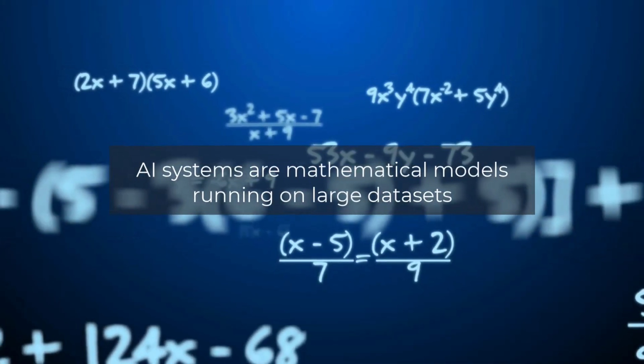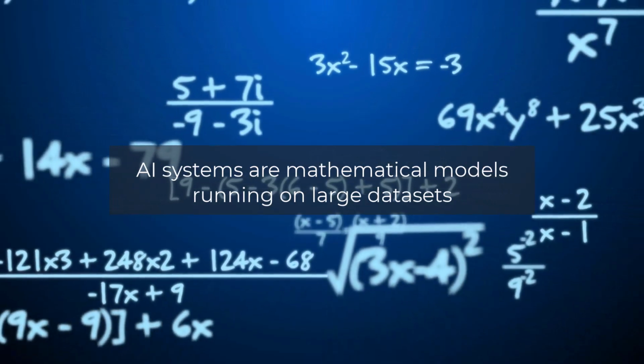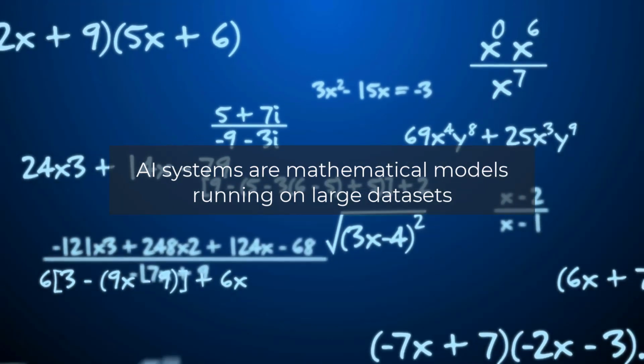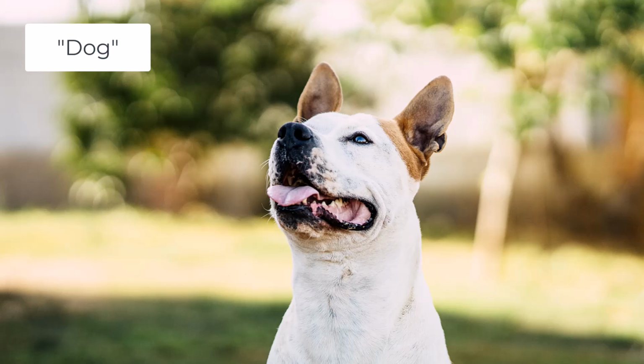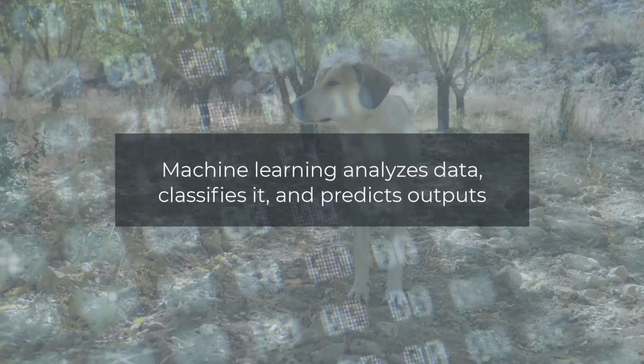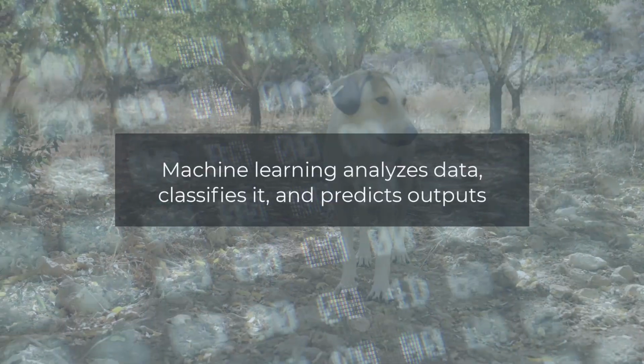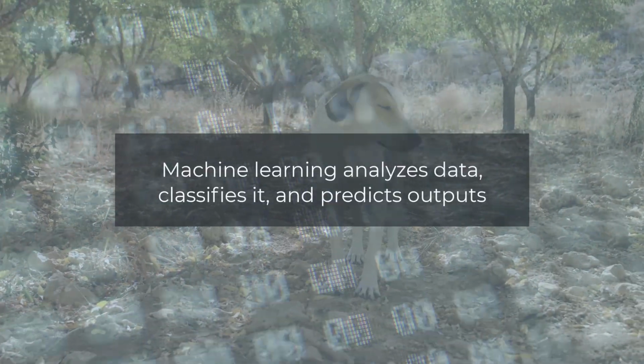To summarize, AI systems are mathematical models that consist of computer algorithms running on large data sets. Machine learning, the most common and powerful form of AI today, analyzes data, classifies it relative to its trained data set, and then predicts output on the basis of that analysis.